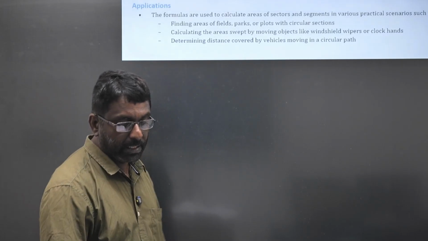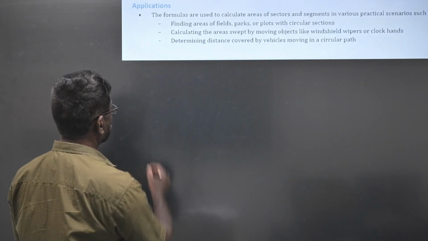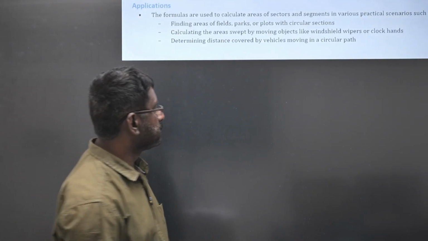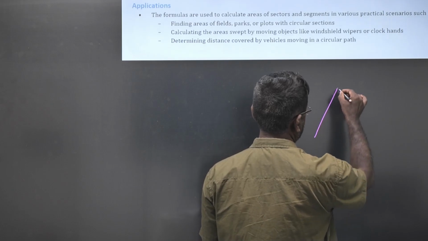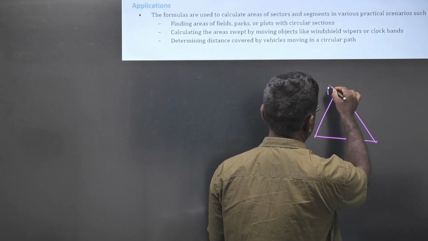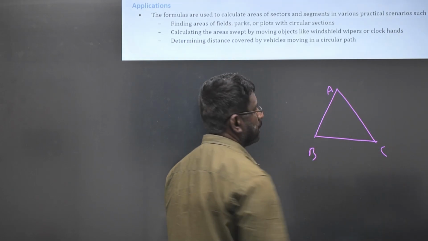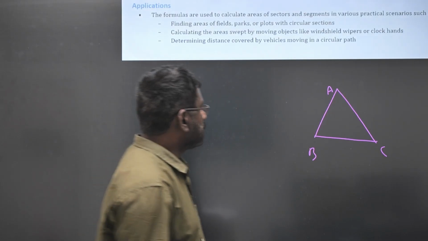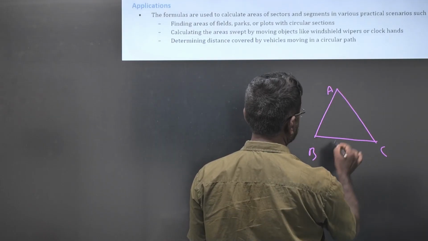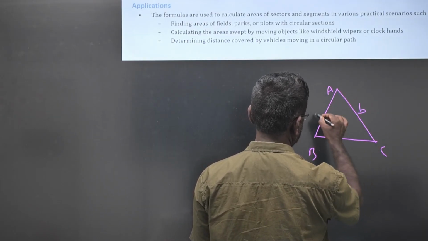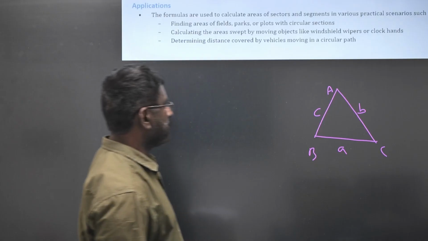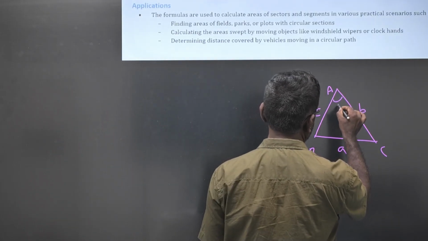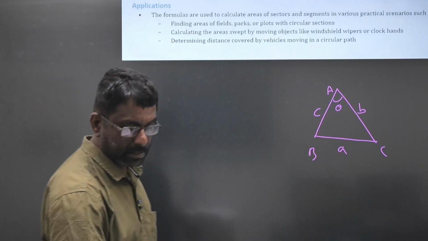Formula for area of a triangle. Suppose this is the triangle ABC, with sides a, b, c opposite to A, B, C. Suppose this angle is theta.